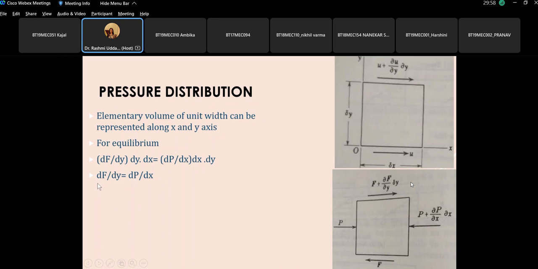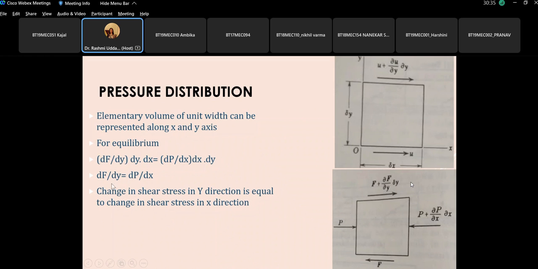Finally, what comes out from the equilibrium equation is that the rate of change of the shear force in the y direction is the same as the rate of change of pressure in the x direction. So the pressure is varying along the x direction and the shear force is varying along the y direction. The rate of change of force in the y direction, that is del F by del y, is the same as del P by del x, the change of pressure in the x direction.